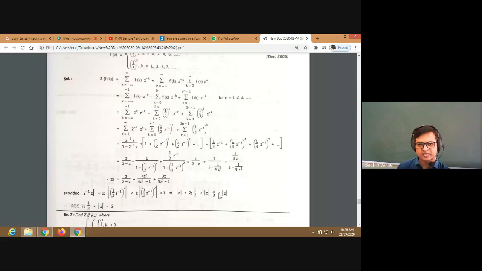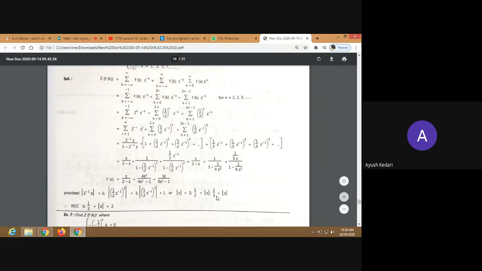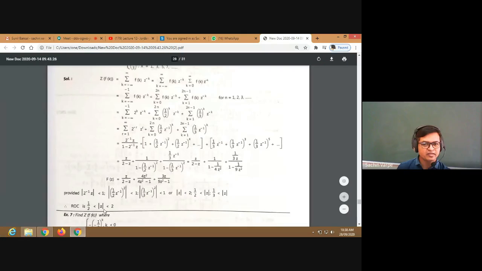Where does this 1 by 3 less than mod z part go? Why haven't they included it in the combined ROC?